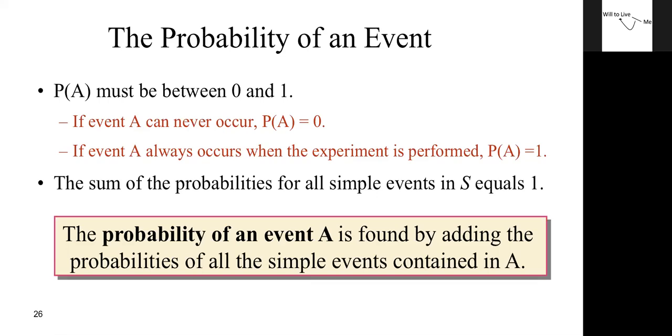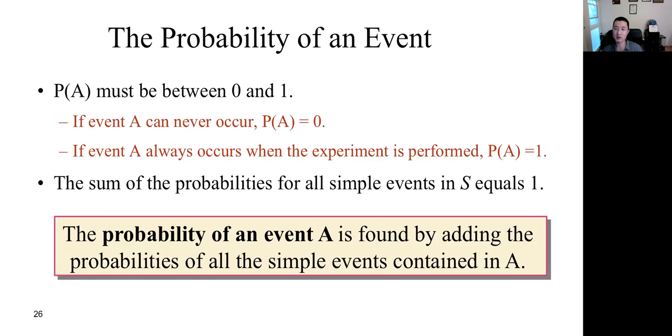And the sum of the probabilities of all simple events in S, the sample space, always equals 1. Again, what are simple events? Simple events are events that cannot be further decomposed into simpler events.